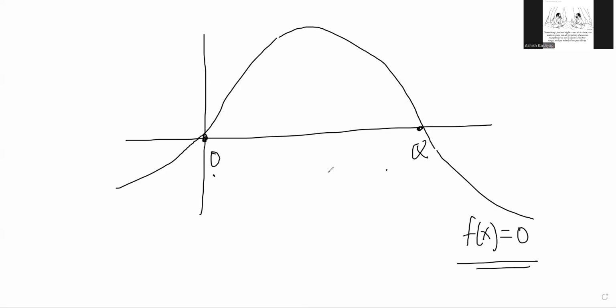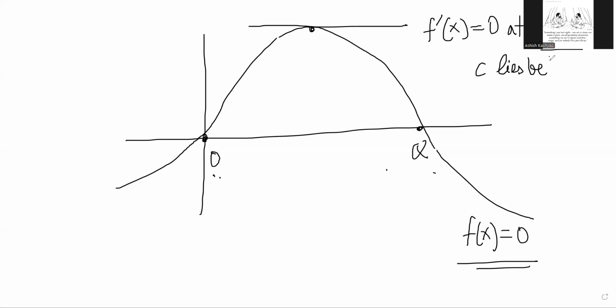We know polynomials are always continuous and differentiable, so we can directly apply Rolle's theorem, and we can say that between 0 and alpha there will be some point where the derivative is 0. f dash x will be 0 at some x equal to c, and c lies between 0 and alpha.